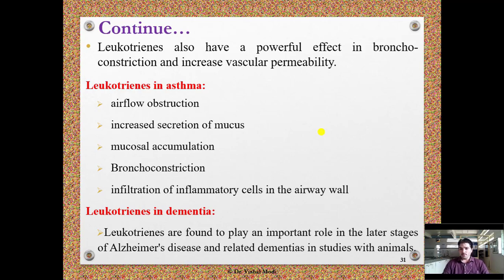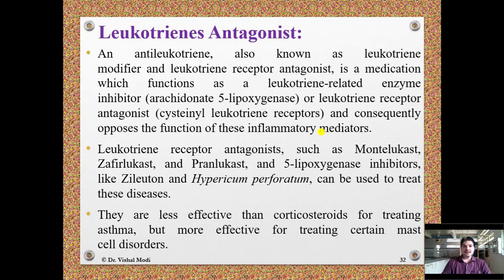Leukotrienes in dementia. Leukotrienes are found to play an important role in the later stage of Alzheimer's disease and related dementia in studies with animals. Leukotriene antagonist, or anti-leukotriene, also known as leukotriene modifier and leukotriene receptor antagonist, is a medication which functions as a leukotriene related enzyme inhibitor.